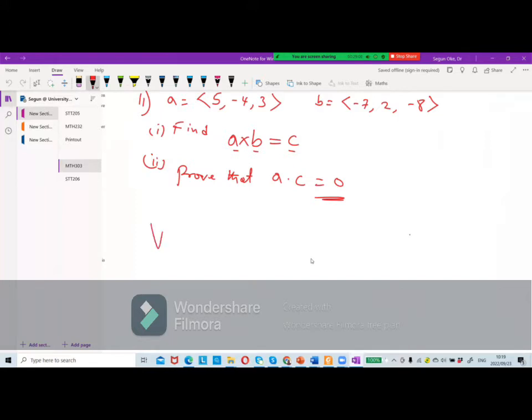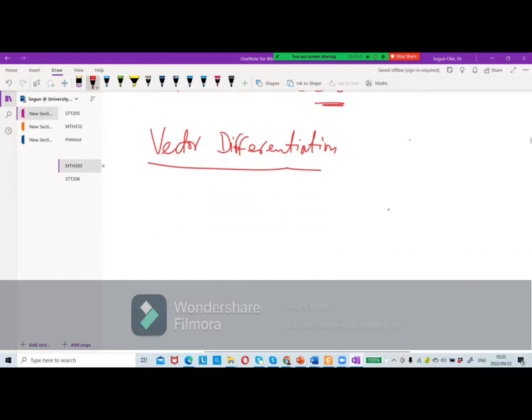When we'll be talking about vector differentiation, that's why I advise you guys to do a kind of revision in your calculus. It will help you. So let's move on.